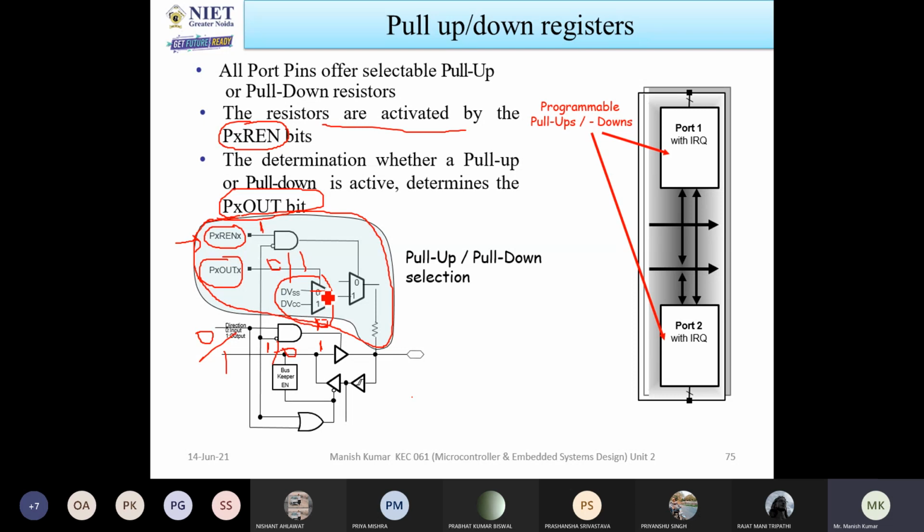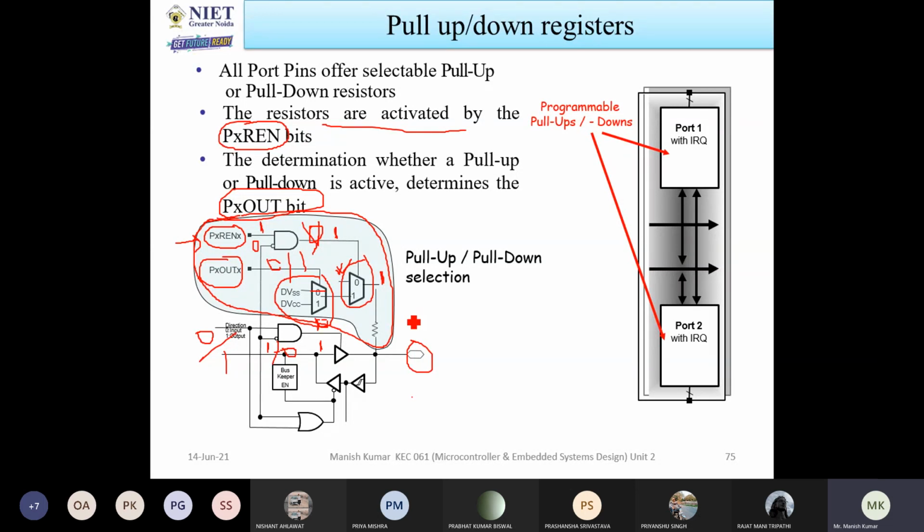With the help of these pins, you are controlling the final multiplexer. Whenever this bit is 1 and this bit is 0, you activate this mux, send 1, and then it acts as a pull-up resistor.